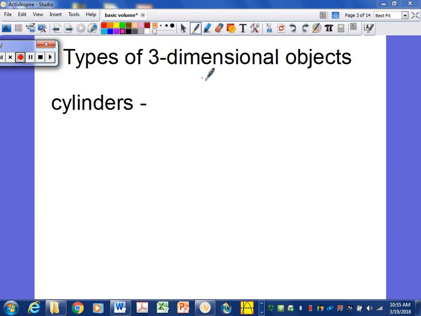So other types of three-dimensional objects are cylinders. A cylinder is not a prism because it has no edges or corners, no vertices, but it does have faces. It has circular bases. So if you're going to draw a cylinder, you can start by making a nice oval.